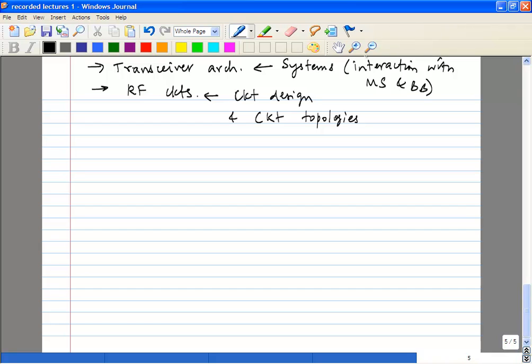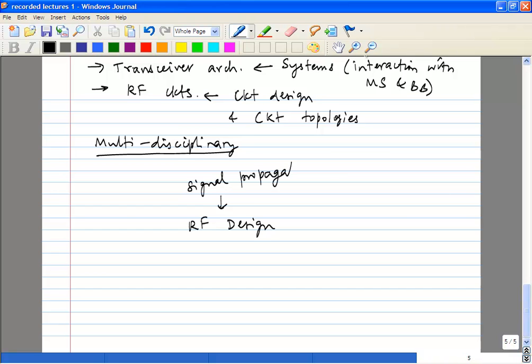Now, what makes RF so interesting? What you'll find is RF is very multidisciplinary. Okay, what does that mean? So if you look at RF design, there are a number of ingredients which go into RF design. So you need to understand the theory of signal propagation. You need to understand IC design. So you need to understand CAD tools.